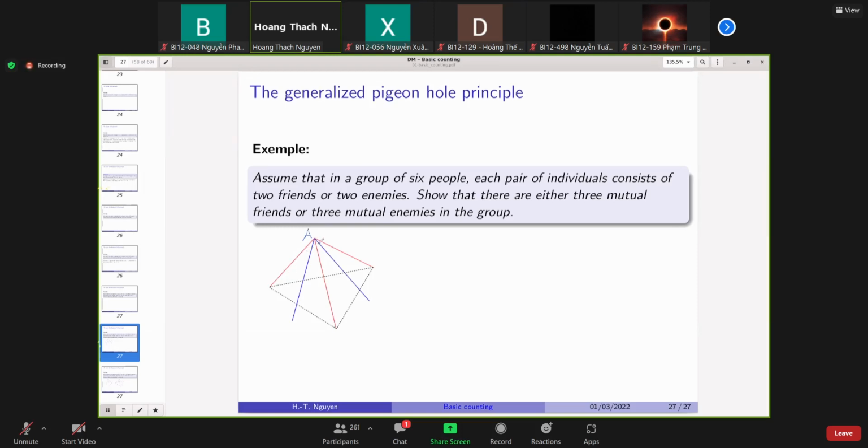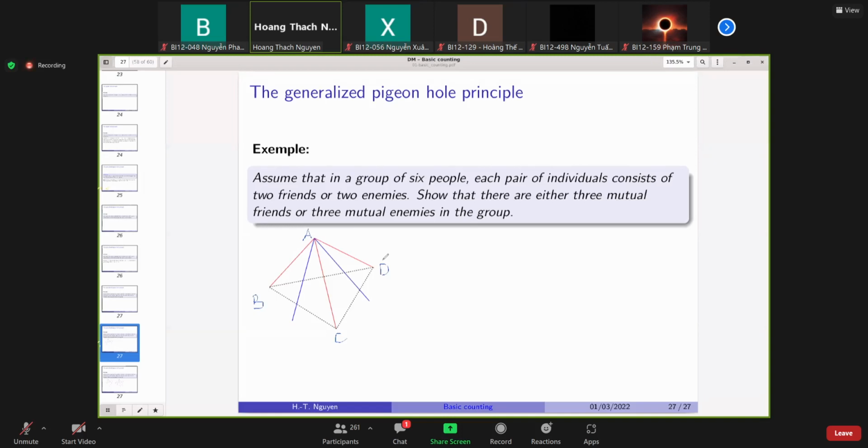Here in this example, without loss of generality, we can assume that there are three red edges, to B, C, D. And now we have this situation where A is an enemy to B, C, and D.